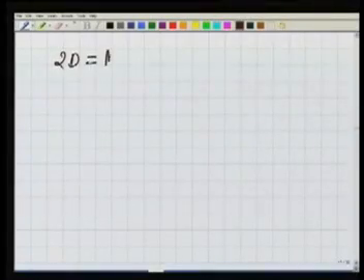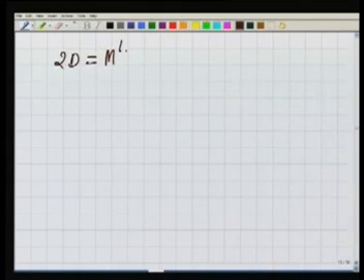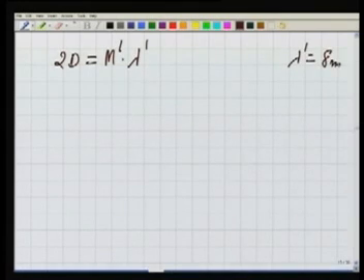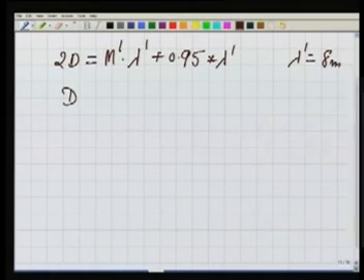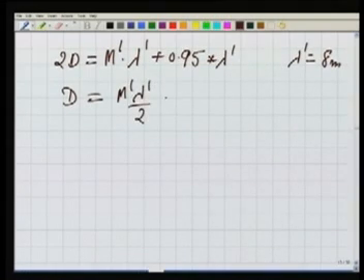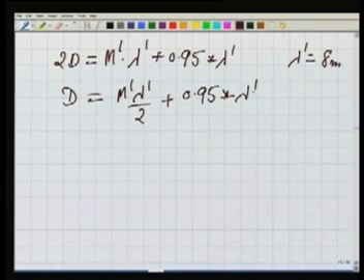So, we can write the equation in this case as, again 2D will be, let us say I am writing m dash, I do not know the value of m. Lambda dash is 8 meter plus 0.95 times lambda dash. So, we can write this equation further as D is m dash lambda dash by 2 plus 0.95 into lambda dash by 2.